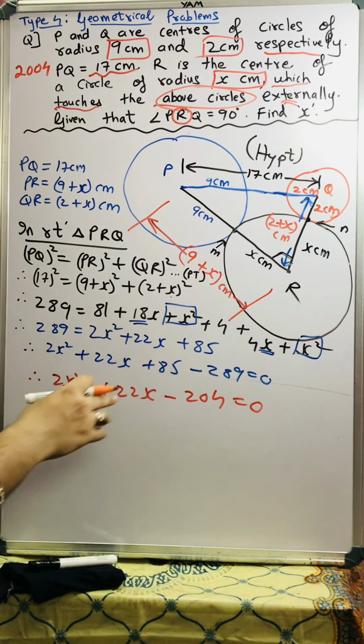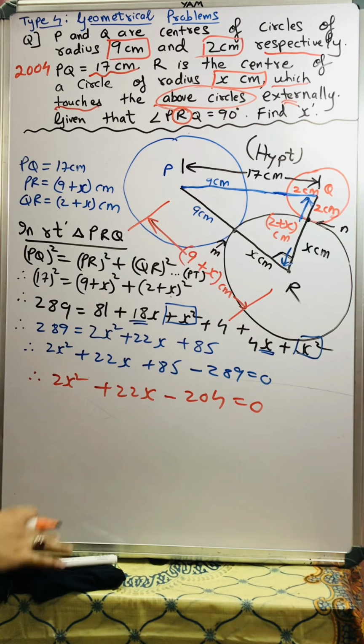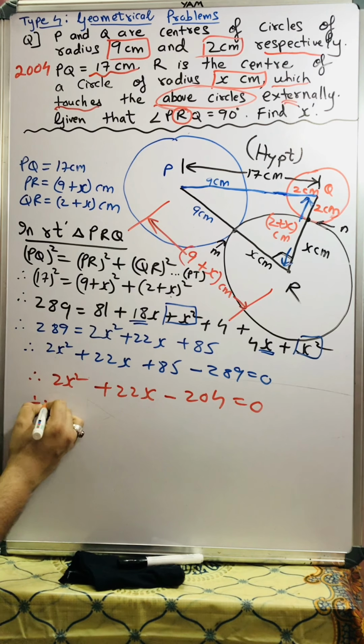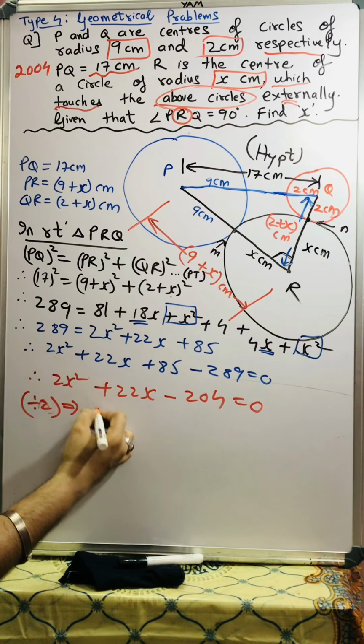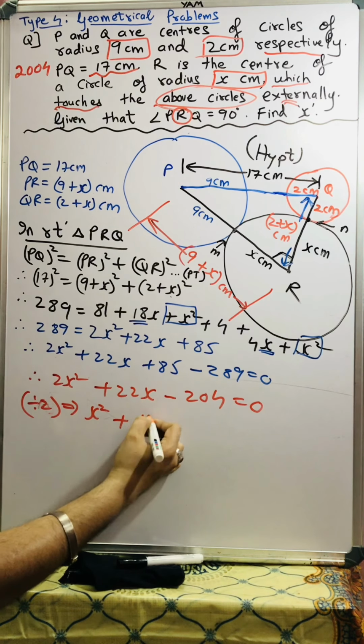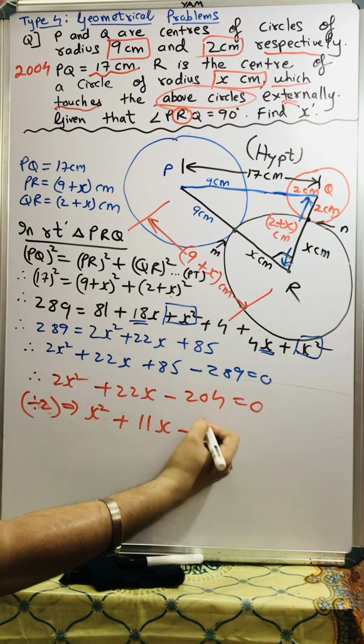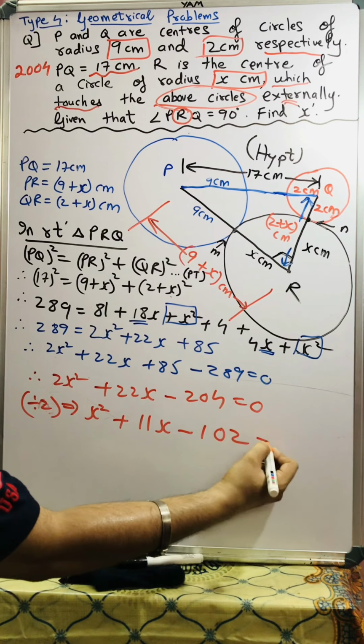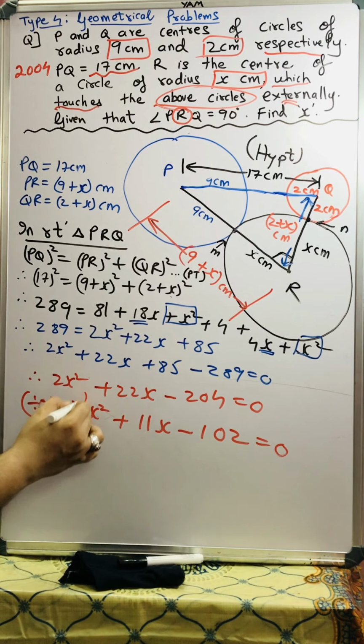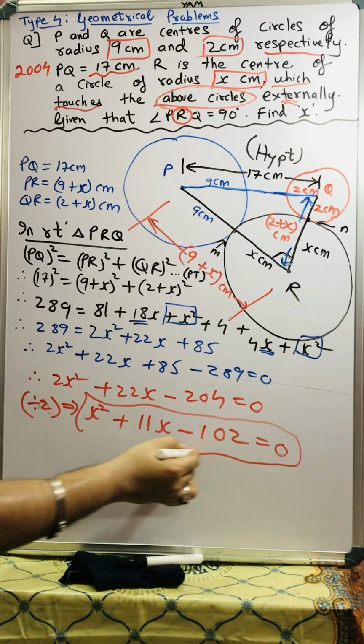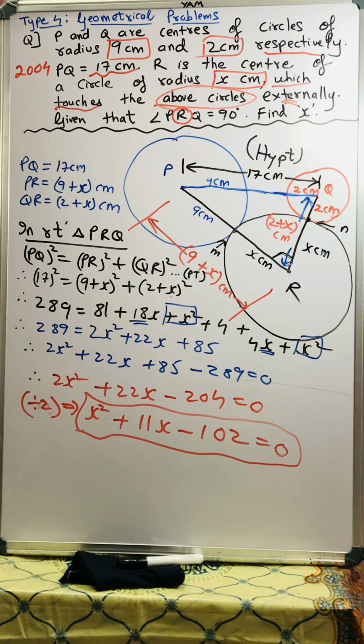All the terms are even, so dividing by 2, I'll get x square plus 11x minus 102 is equal to 0. Students, this is the required quadratic. Now we just have to solve it and we'll get the value of x.